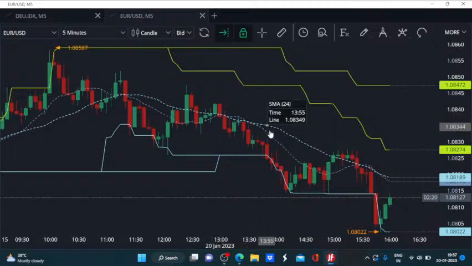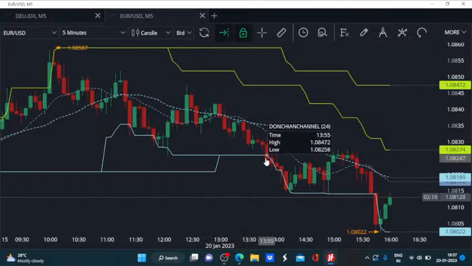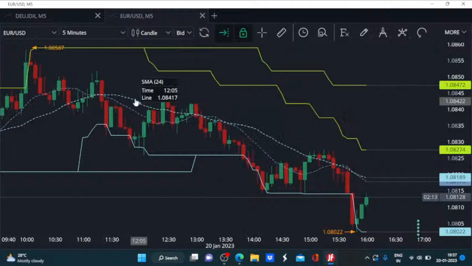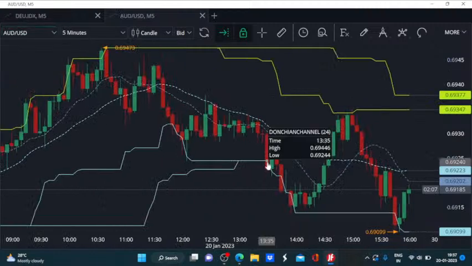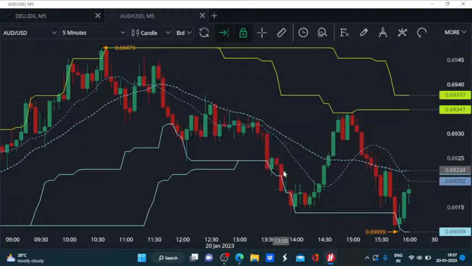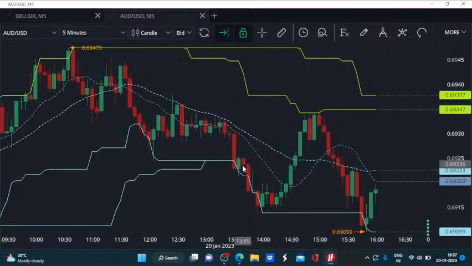So here the Euro USD went on to make this immediate swing low, the 4 hourly low, at 13:55 GMT. Now let's see in comparison to other major forex crosses. AUD/USD made this immediate swing low at 13:35 GMT. So you can see that the AUD is weaker compared to the Euro, more bearish.